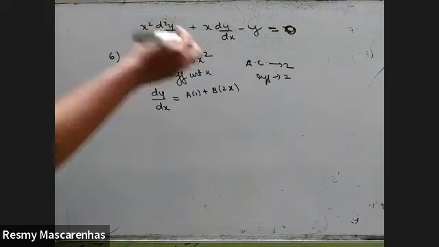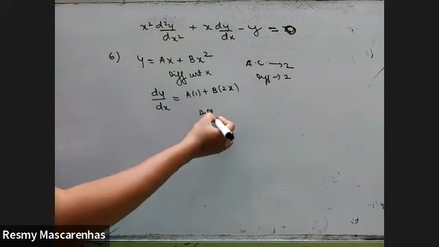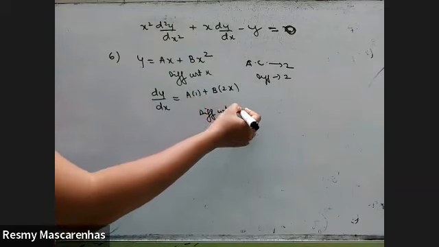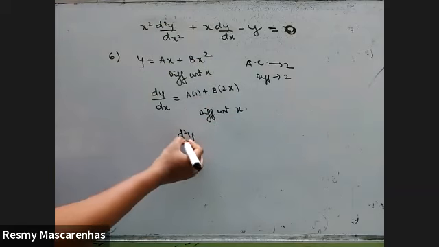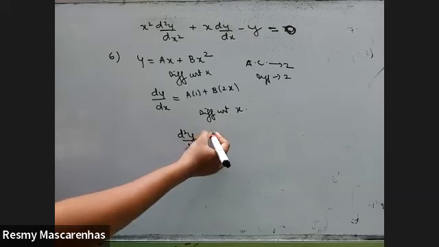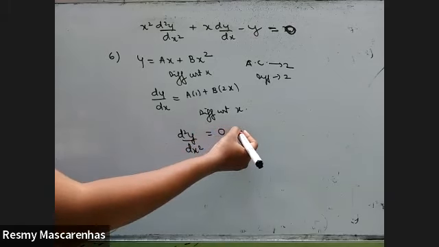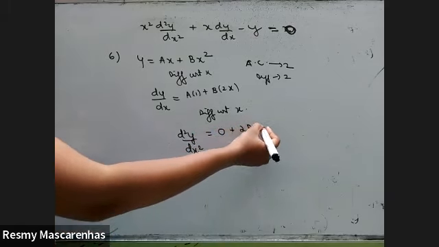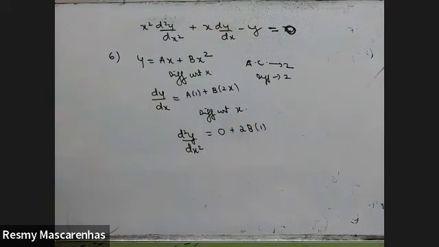Okay. One time I've differentiated, now I'll differentiate it for the second time. Derivative of x will be 1. So what has happened is now b is left.